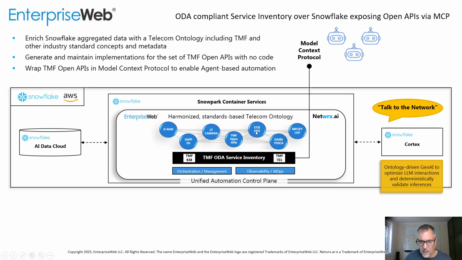EnterpriseWeb's Telecom Ontology is acting as a control language over one-to-many LLMs. This is an important distinction. Instead of having the LLM as the center of the solution architecture, the deterministic domain model, the Telecom Ontology, is the center of the solution architecture. And this is critical to being telco great, to be agentic, to be autonomous, and to be available and reliable, with confidence.